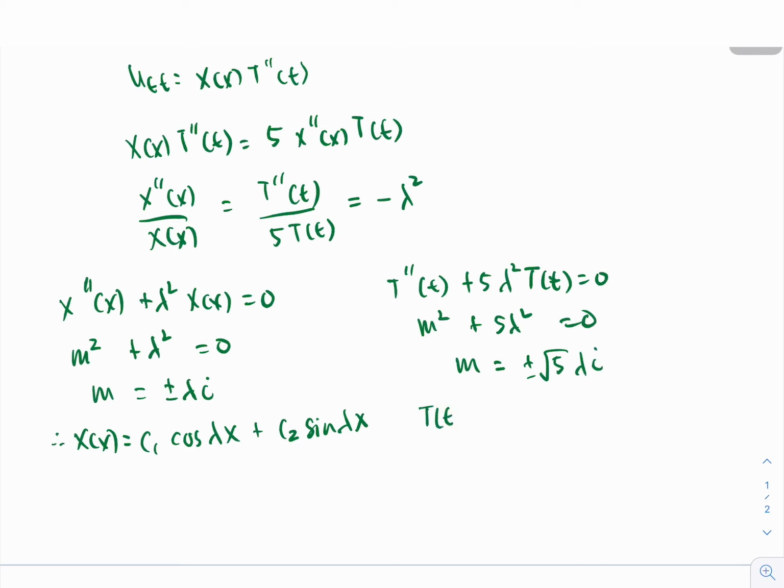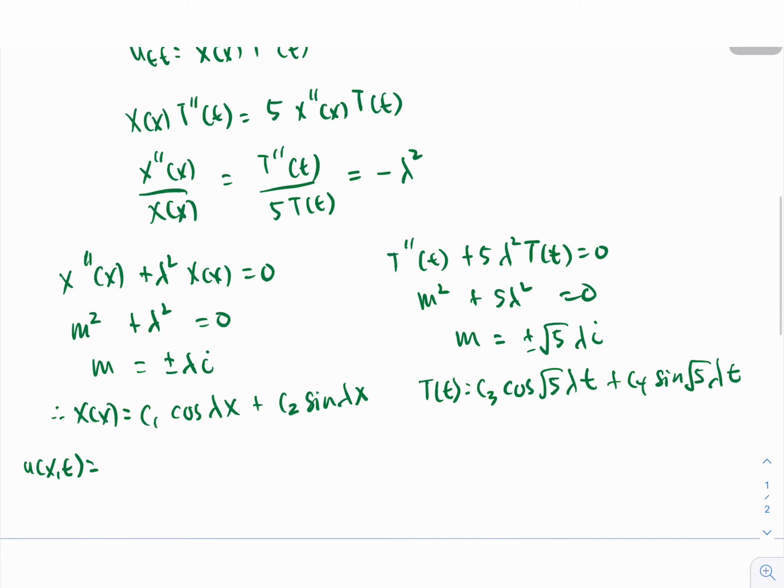So we can write T equals c3 cos root 5 lambda t plus c4 sin root 5 lambda t.